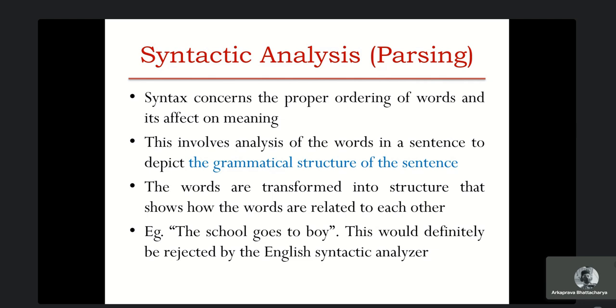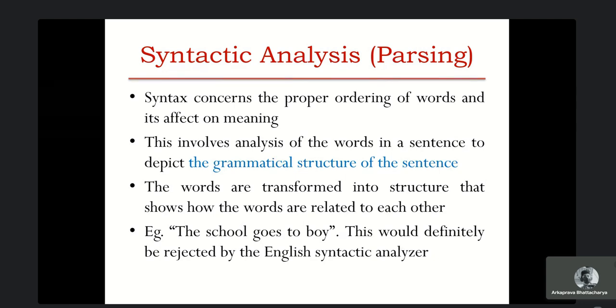This is also known as parsing. It involves analyzing the words in a sentence for grammar and rearranging them in order to determine how they relate to each other. Suppose I have "the school goes to boys." This is a sentence which should be rejected because, if you look into the structure of the sentence, it is grammatically incorrect.